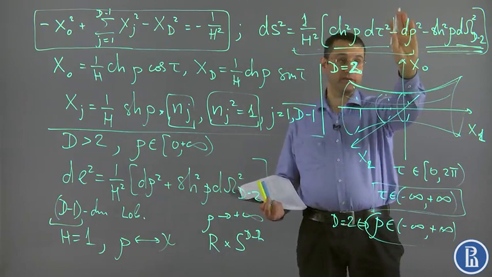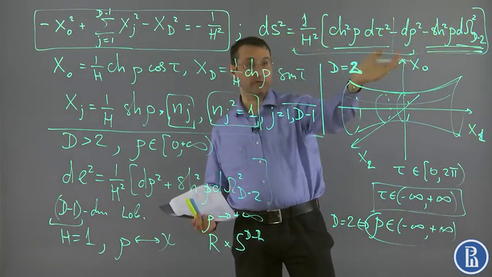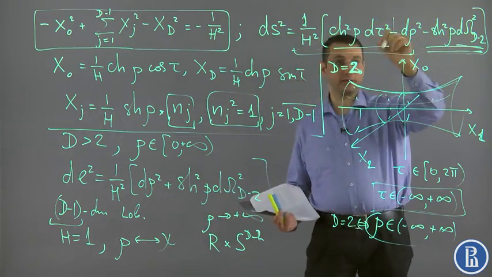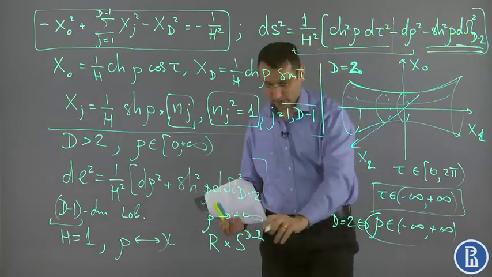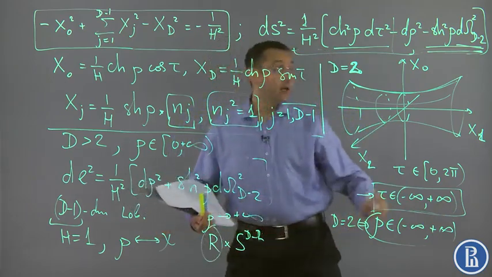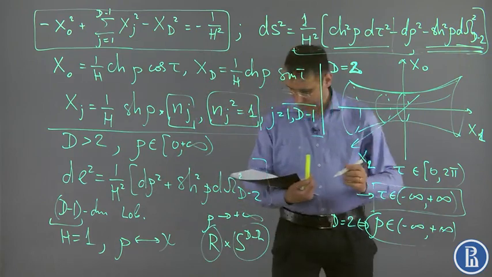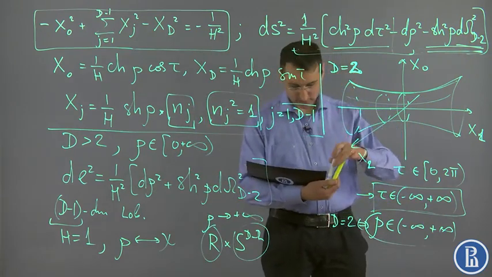So we drop this at the boundary; the exponent factors out, giving a conformal factor which we can drop. What remains is tau, which we take to range over R, and the sphere. So that is the geometry of anti-de Sitter space.